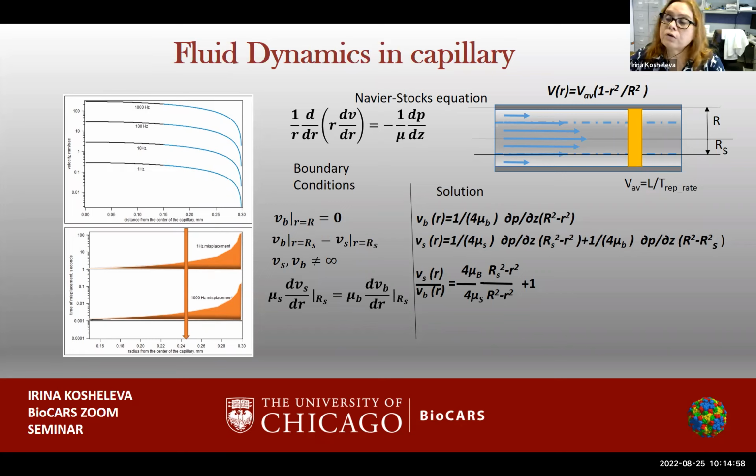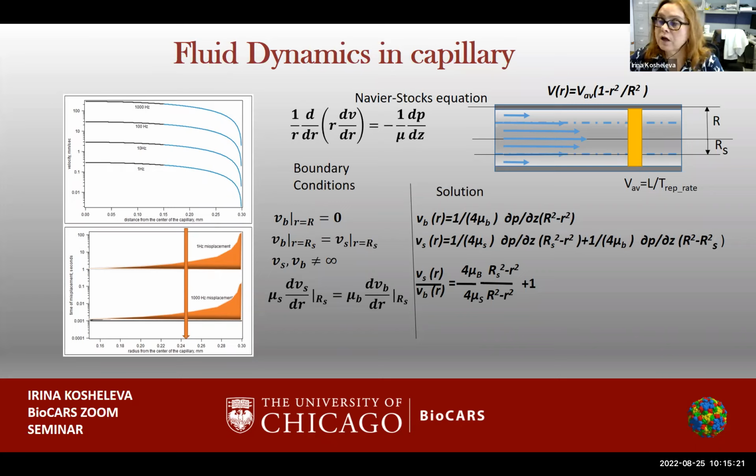So we can calculate the average speed by dividing the size of the laser spot, or whatever we would like to take, because we don't want to expose the sample 2 times, by the repetition rate. So this is the volume which has to be replenished between the pump probes.